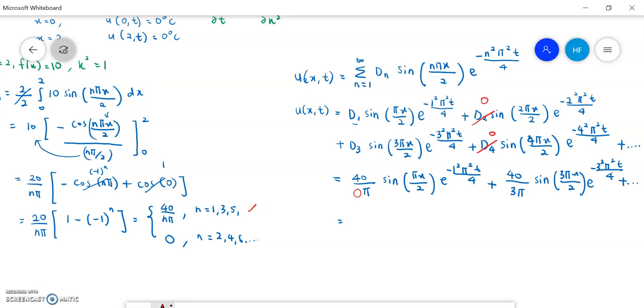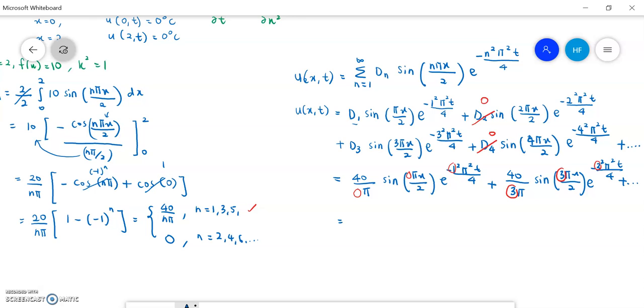So now we can simplify this, where this part is changing, and this part is increasing with odd numbers, or increasing by 2, and this is also changing, and the others remain the same.